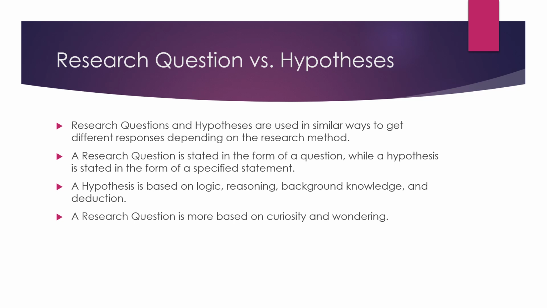A research question is stated in the form of a question, while a hypothesis is stated in the form of a specified statement, usually with more details being used. A hypothesis is based on logic, reasoning, background knowledge, and deduction, and is based in the research question that's being asked. However, a research question is more based on the curiosity and wondering of the person forming the question.